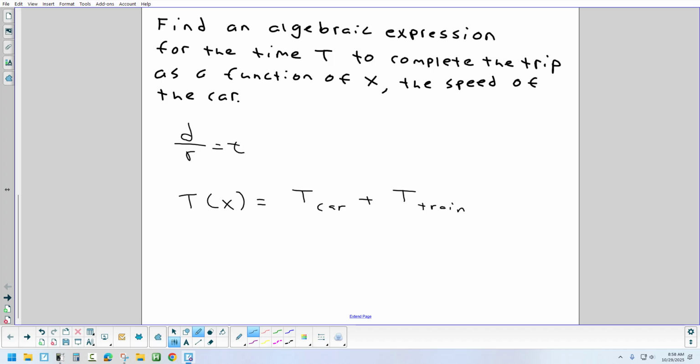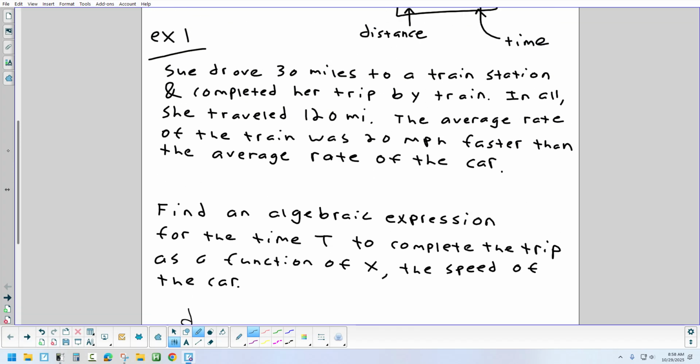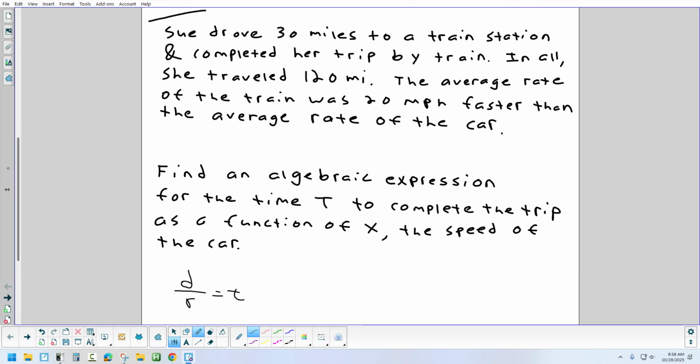Okay, so let's start with the time that is spent in the car. So we know time is distance divided by rate. So we need the distance in the car, and we need to divide by the rate of the car, and that will be the time in the car. What's the distance that we travel by car?